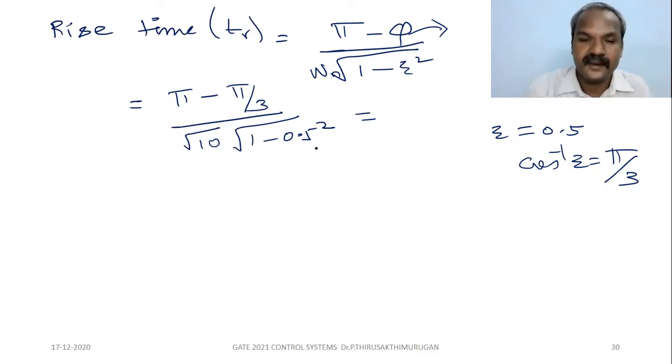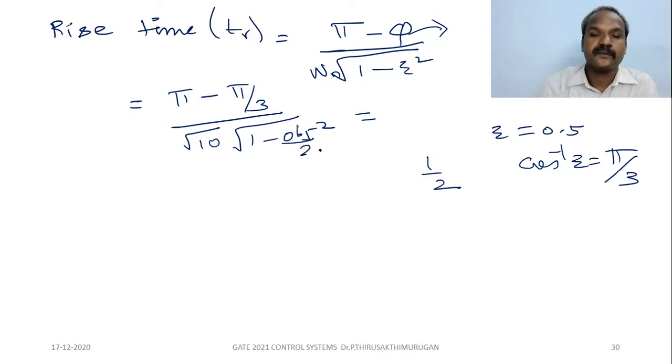So 0.5 can be written as 1 by 2; you can put 1 by 2 whole square.